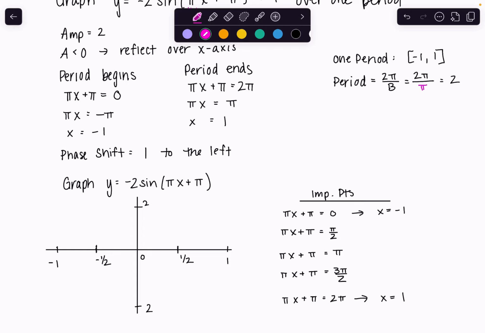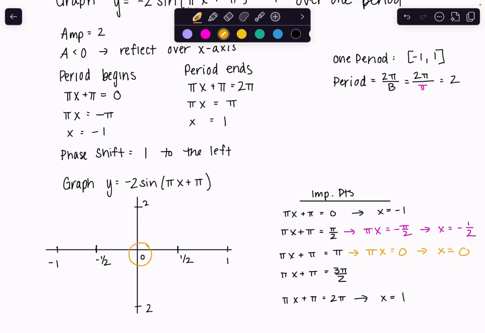To solve for this number, if I subtract pi, that gives me pi x. That'd be 1/2 minus 1, so it'd be -pi over 2. Dividing by pi gives me -1/2. Exactly what we found. For here, when you subtract pi, that gives you pi x equals 0 or x equals 0.